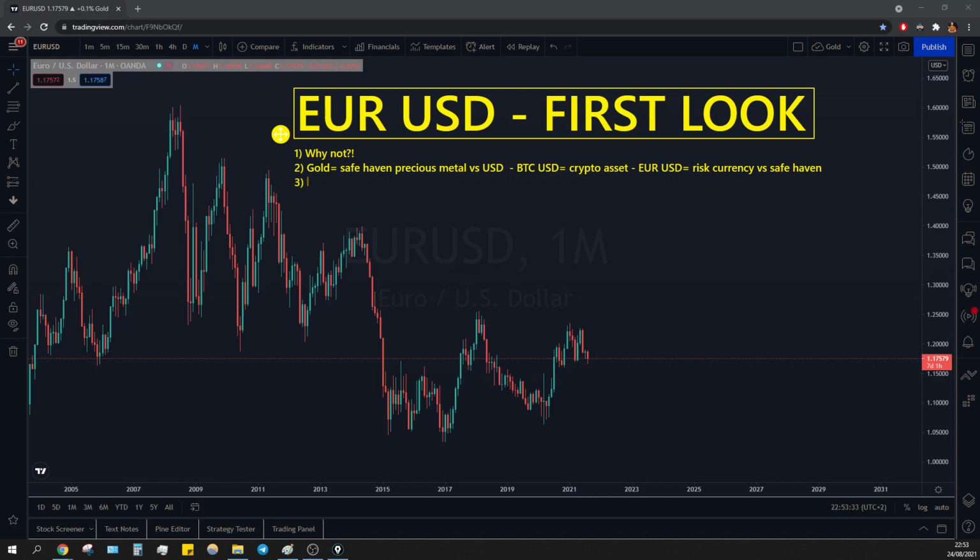Third reason: as my trading plan, I trade 3 London sessions and 2 New York sessions per week. During the London session, gold and Bitcoin don't move that much. Gold does move, it can give some interesting scalps, and I will take them during these 6 months.